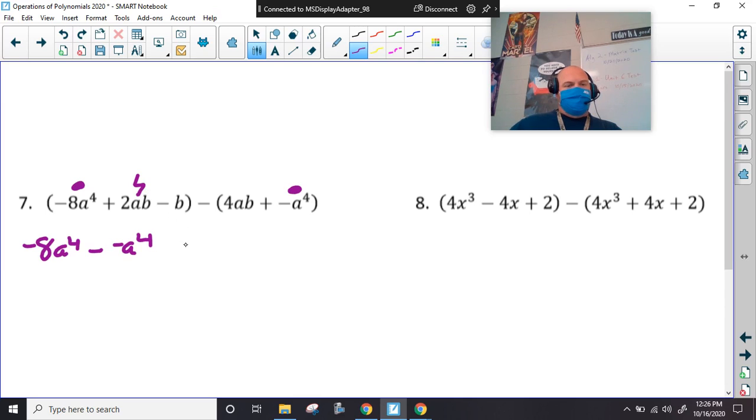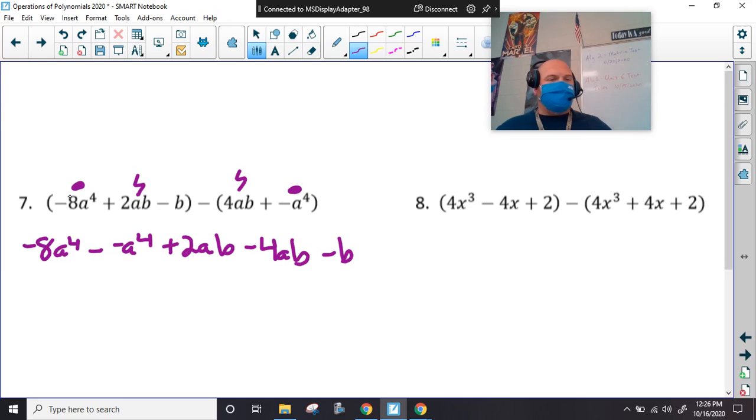I'm going to have 2ab minus 4ab, and just a minus b because there's no other ones. Now, I didn't distribute the negative, but I did have to say this minus whatever that is. If that works for you, that works for you.